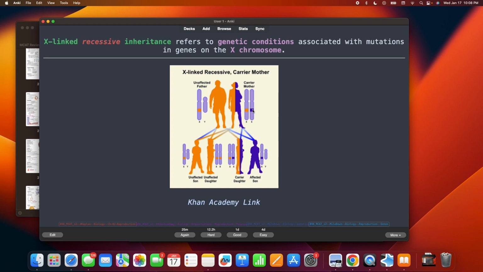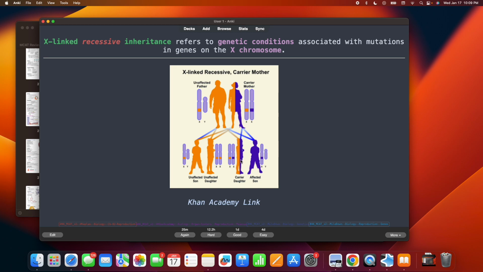The purple is what causes that. So you do XX, we have a daughter, so she's unaffected. We have XY, unaffected, and this X with the Y is what causes the son to have the disease. So it's X-linked and it's recessive.